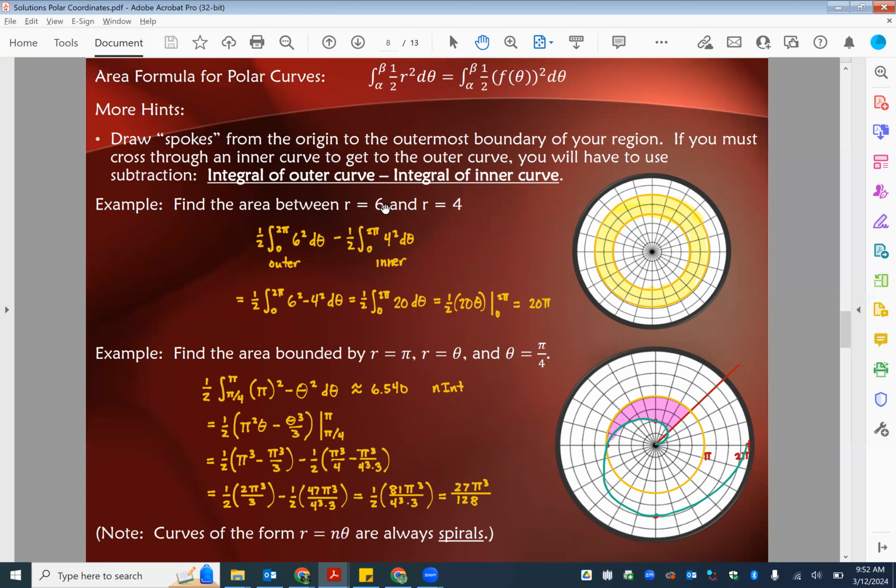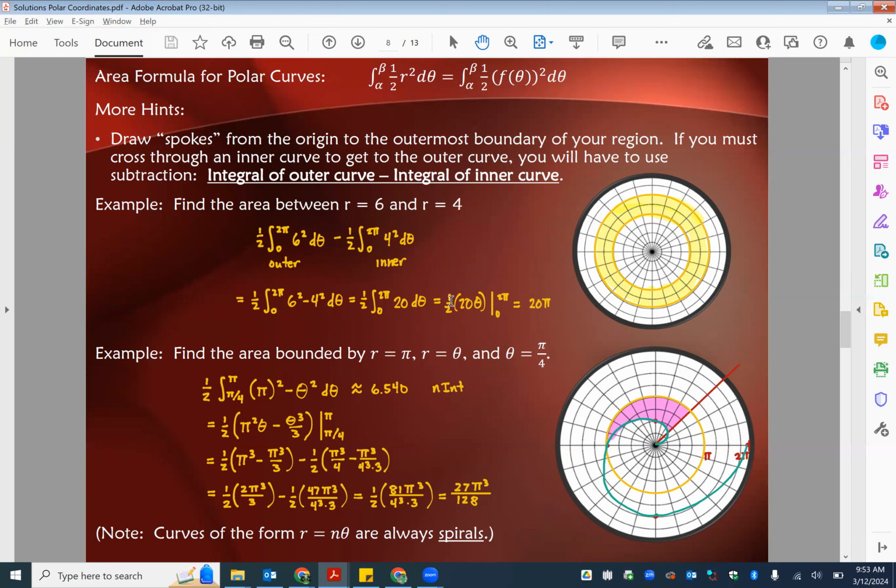This is a fairly simple r. It's just a constant. We're going all the way around the polar plane, so we're integrating from 0 to 2 pi. And we're subtracting outer minus inner. I can write it as two different integrals, or I could combine it into a single integral with the 1/2 factored out to the left.